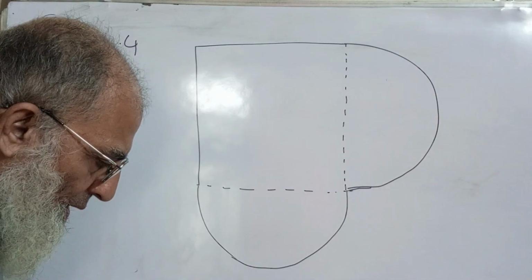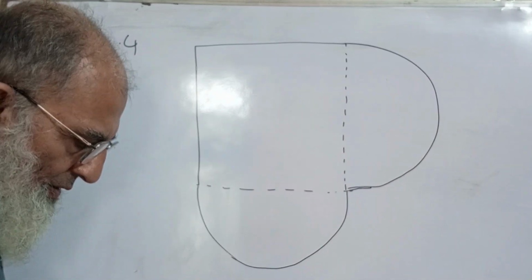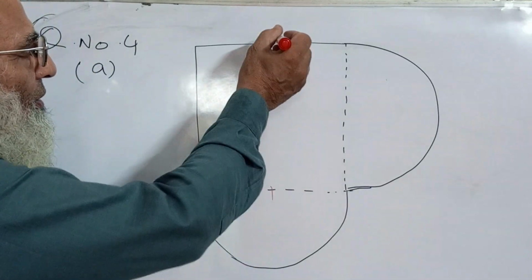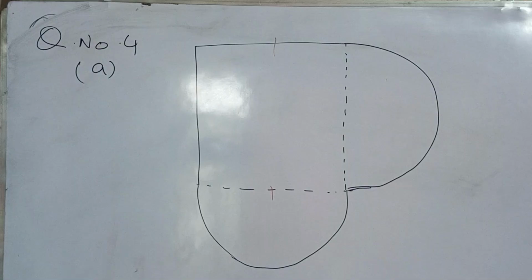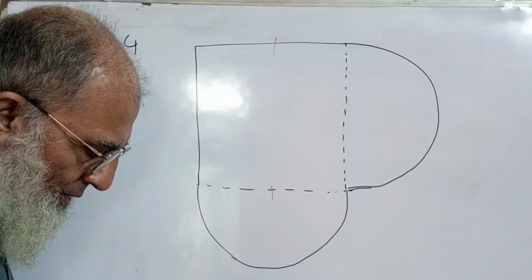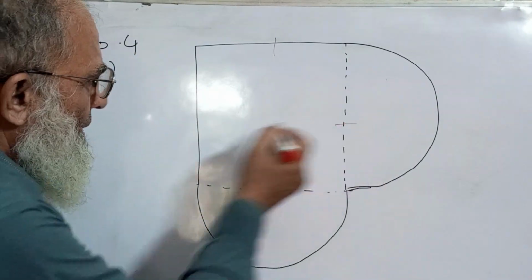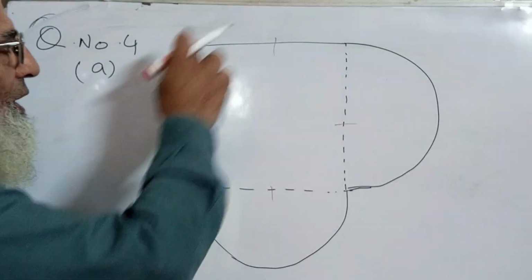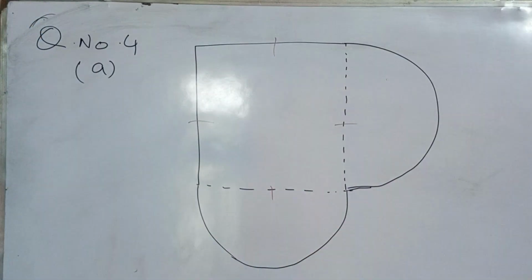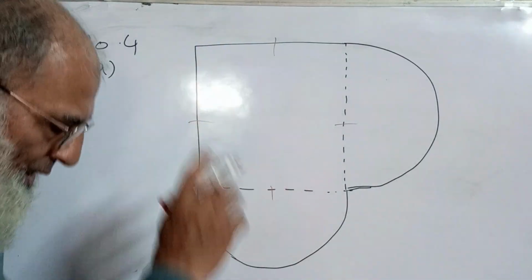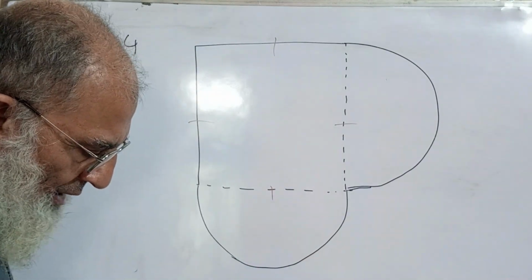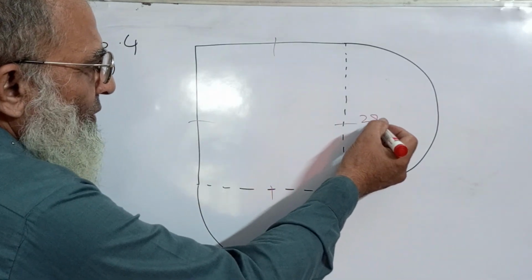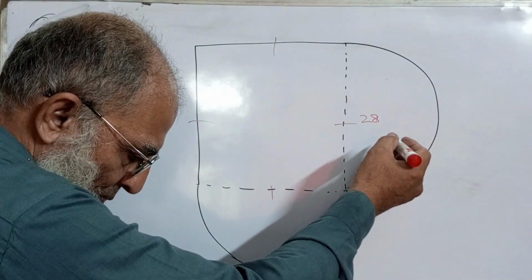Okay, now let me refine this figure more. Now this means that these are parallel lines, and yes, both opposite are, in fact all four lines are equal in size, and the diameter is 28 centimeter.